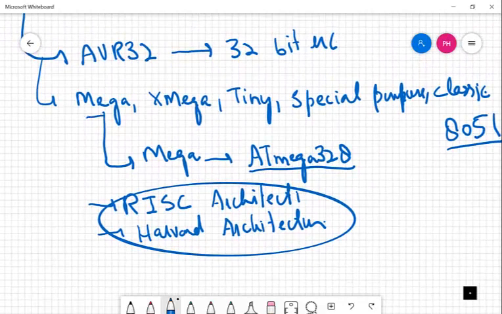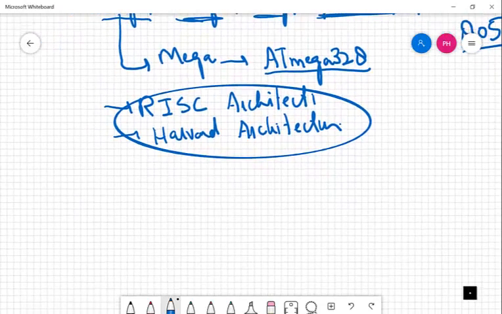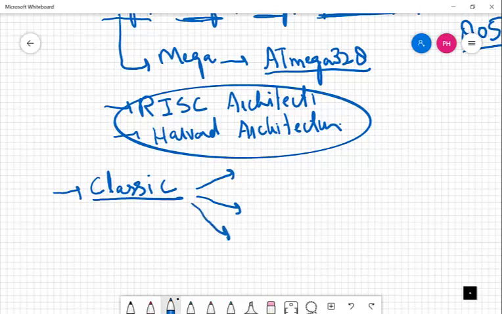We'll be discussing very briefly what these individual categories mean. What do we mean by Mega, Xmega, Tiny, Special Purpose and Classic microcontrollers. So let's start with Classic. As the name suggests, these were the classic AVR microcontrollers, the original AVR microcontrollers, and usually they are 3 in number.